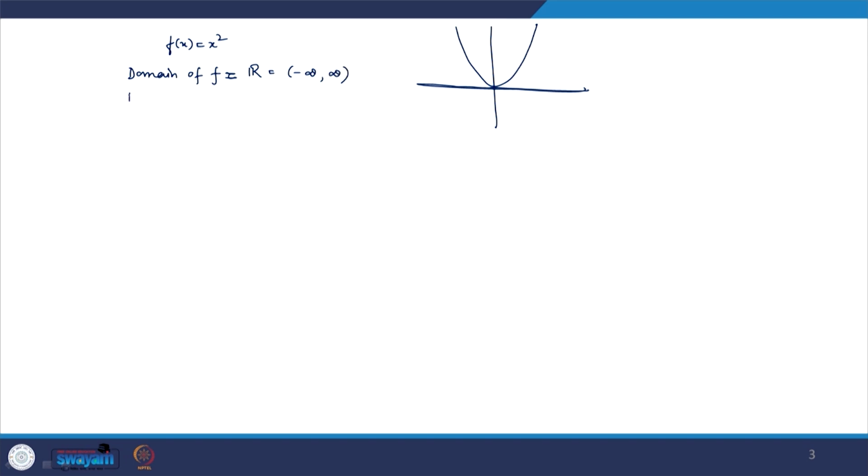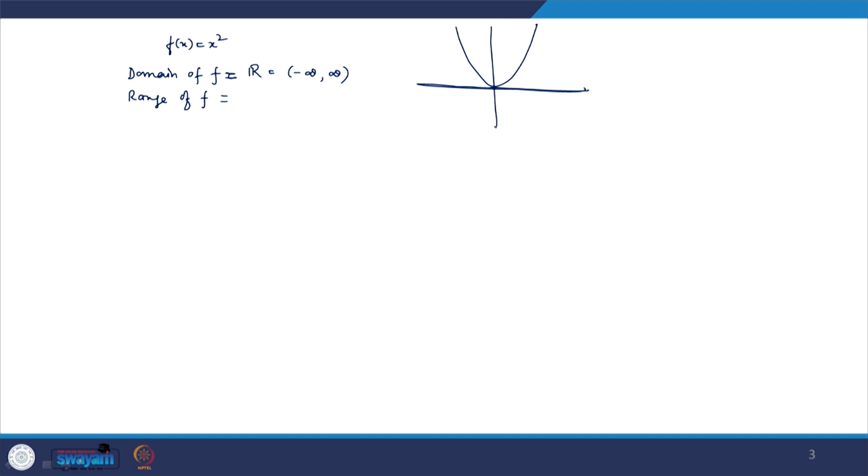Now, if you talk about the range of this f, you can observe that only the positive y axis is covered. You put any x, say you put minus 1, then minus 1 whole square is plus 1, you put 4, it will be 16. You will never get a point on the y axis where y is negative.